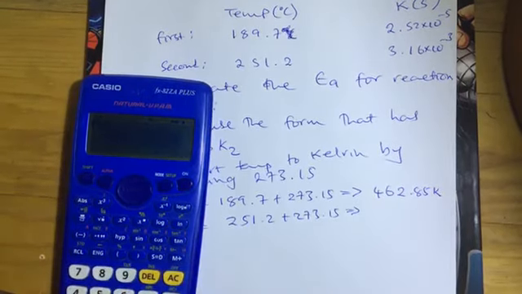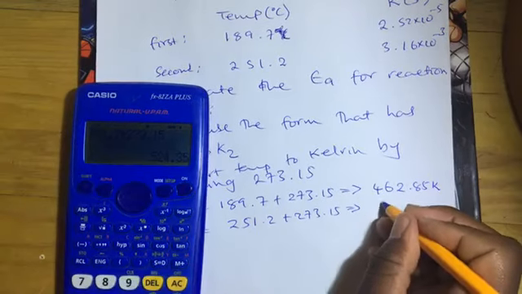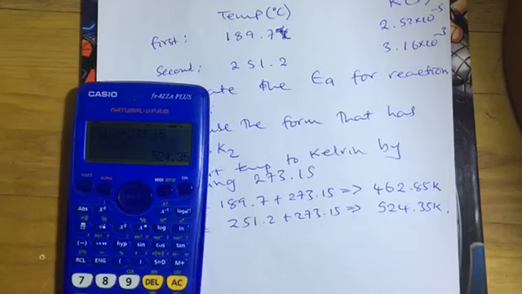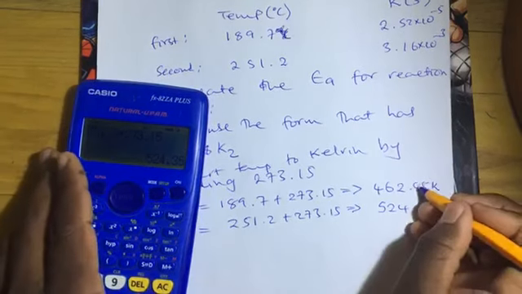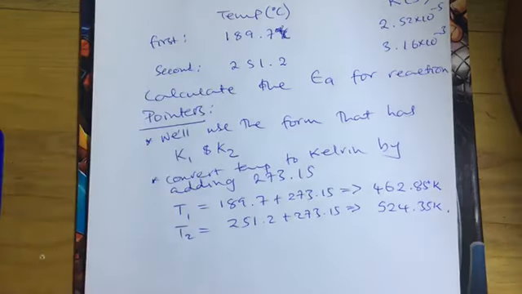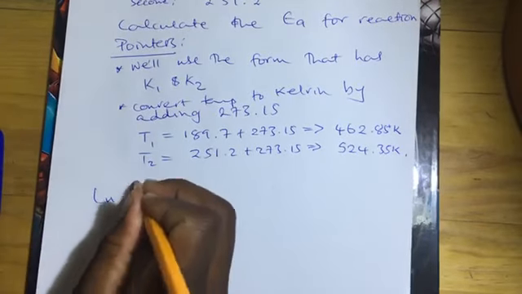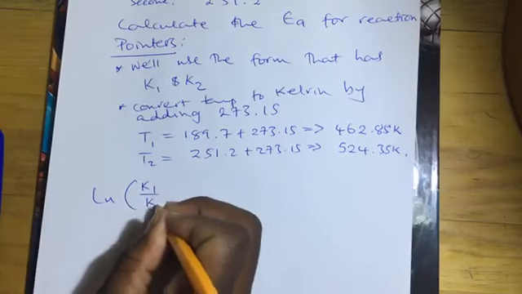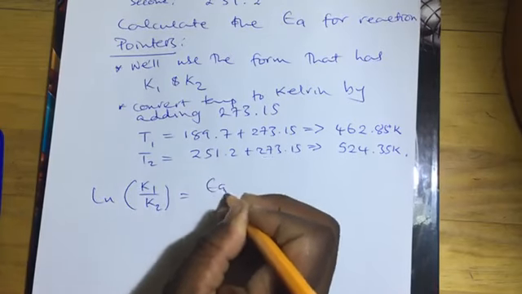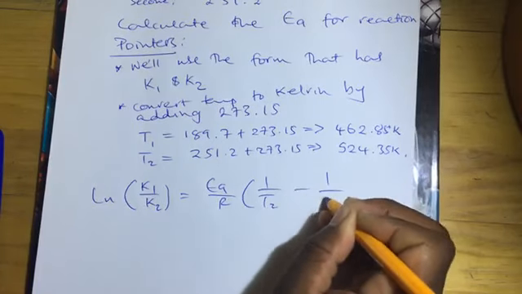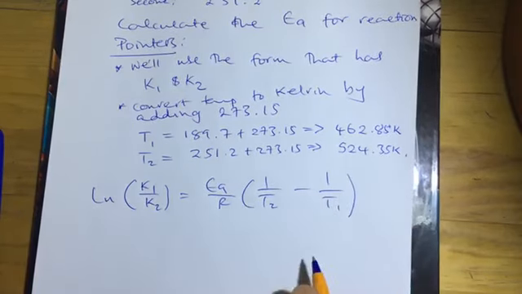Next, 251.2 plus 273.15 gives us 524.35 Kelvin. Then we plug into the formula. So the formula is ln(K1/K2) is equal to EA over R, open brackets, 1 over T2 minus 1 over T1. We just plug in.